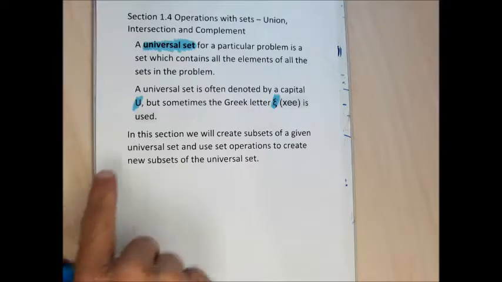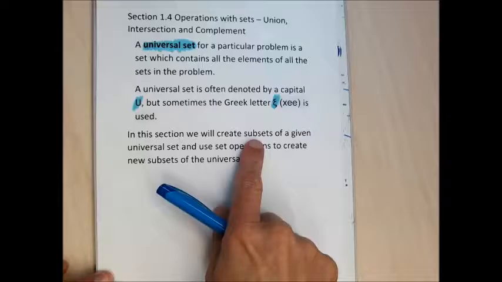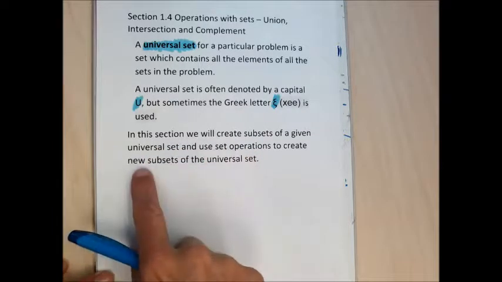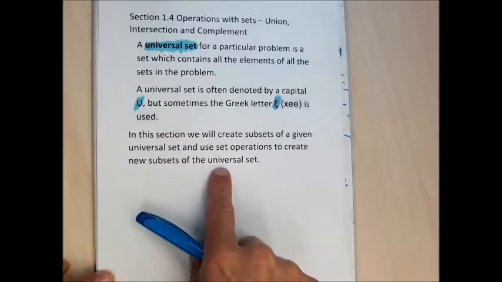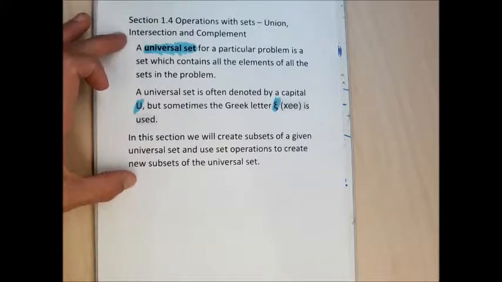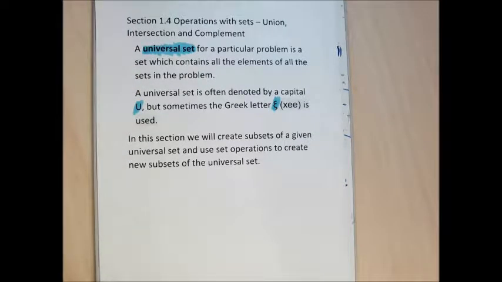And so anyways, in this section we're going to create subsets from a universal set, and then we're going to use operations to create new subsets of the universal set from the subsets. That's so many words. That's not anything that you need to understand perfectly right now. As we go through the examples, what I just said will make more sense.